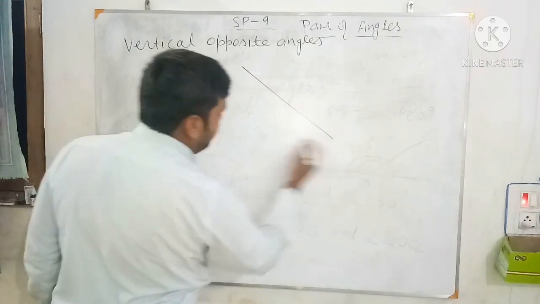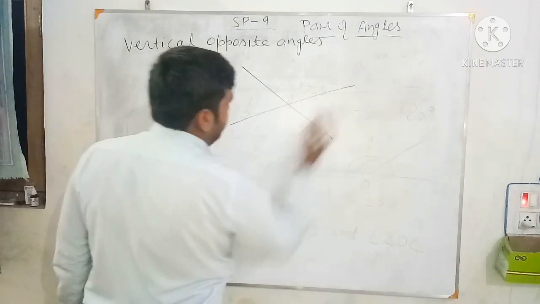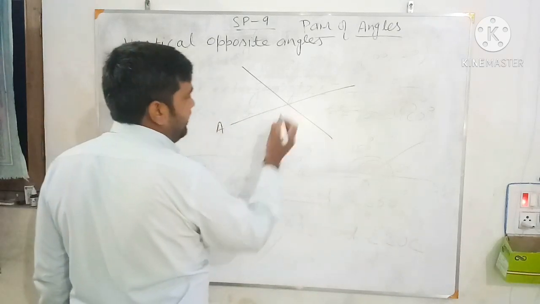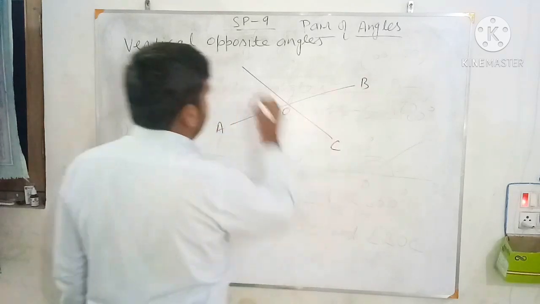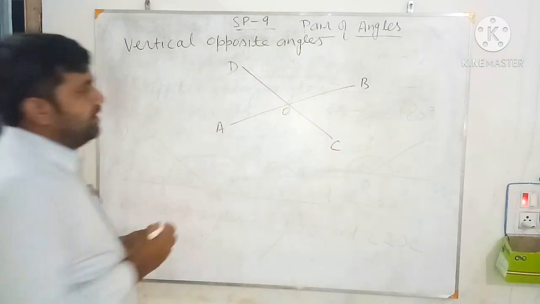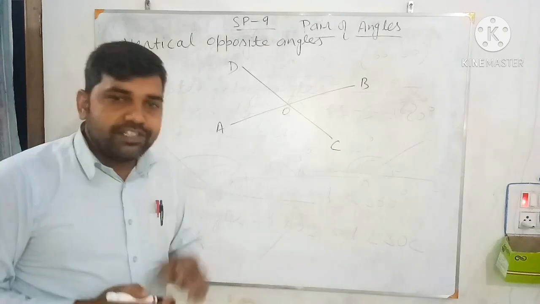If two lines are intersecting like this, two lines AB and CD are intersecting each other at point O.